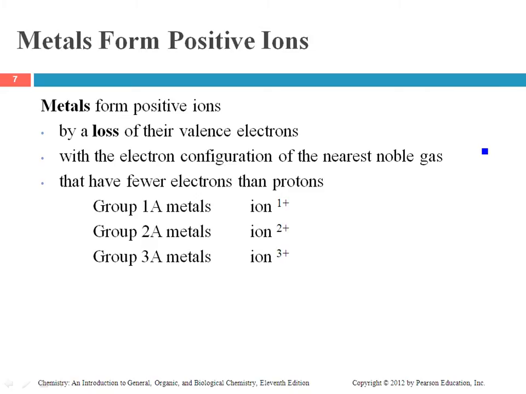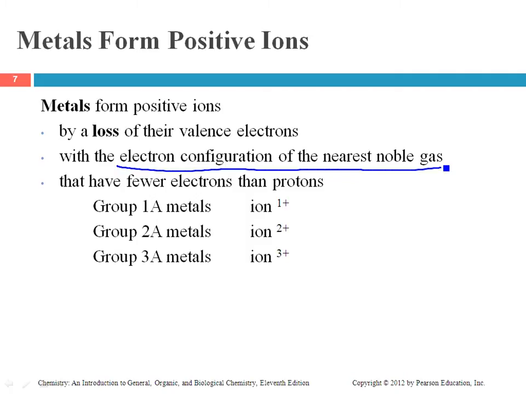Okay, with saying this, metals, just stated this on the last slide, form positive ions by losing valence electrons. The easiest way for a metal to get an electron configuration like the nearest noble gas is by losing their valence electrons.